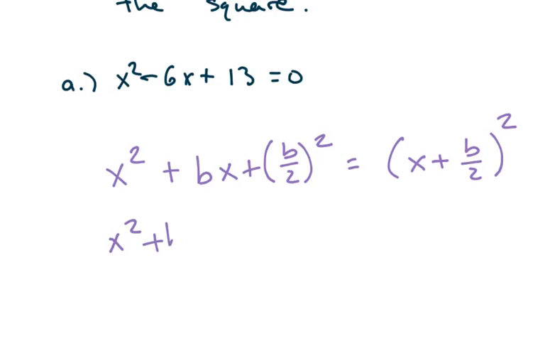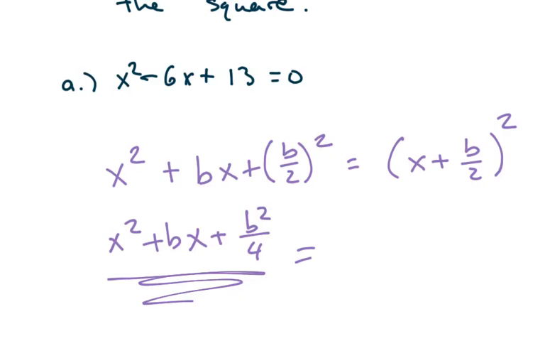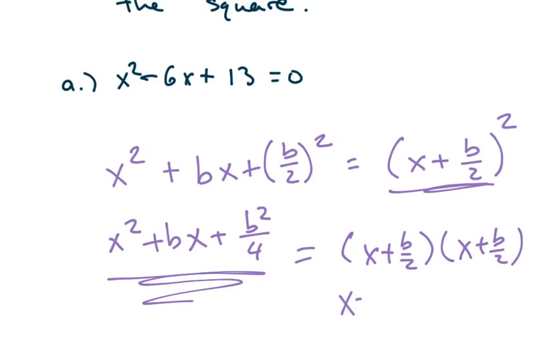x squared plus bx plus b squared over 4. I'm arguing that this is going to be the same thing as when this is FOILed. So let's FOIL x plus b over 2. Let me just FOIL old school. x times x is x squared. x times b over 2 is b over 2 x. b over 2 times x is b over 2 x.